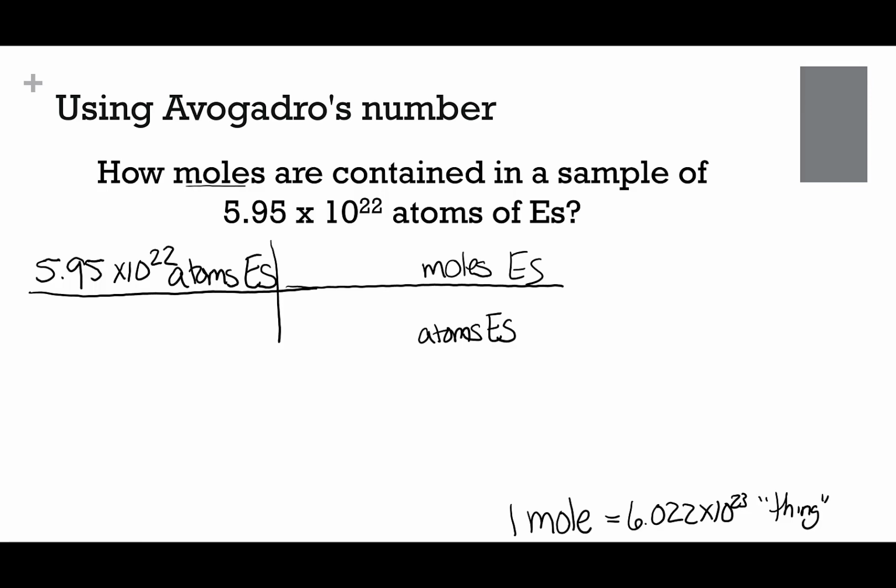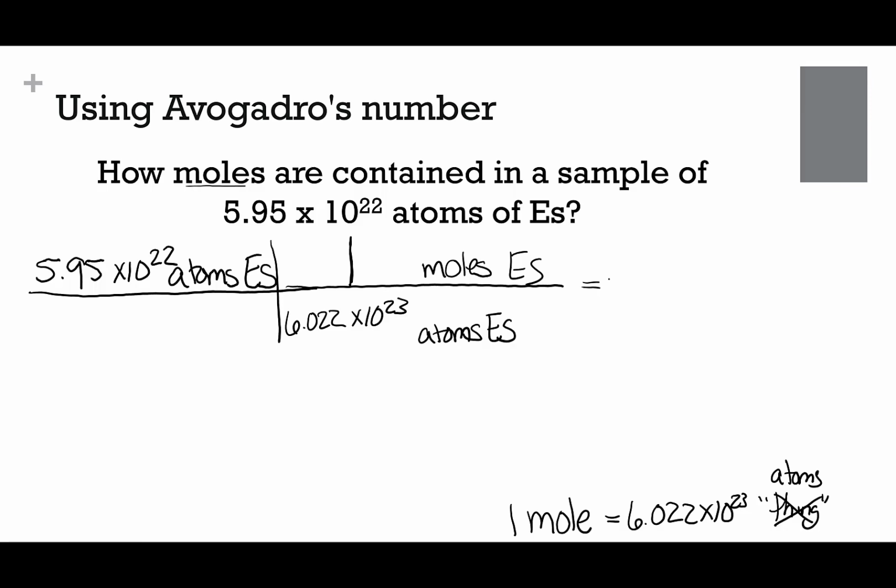In this case, our things again are atoms, right? So on top, I see moles of Einsteinium. The number 1 will always stay with mole for now. And then for atoms, we see that 6.022 times 10 to the 23rd goes with atoms.